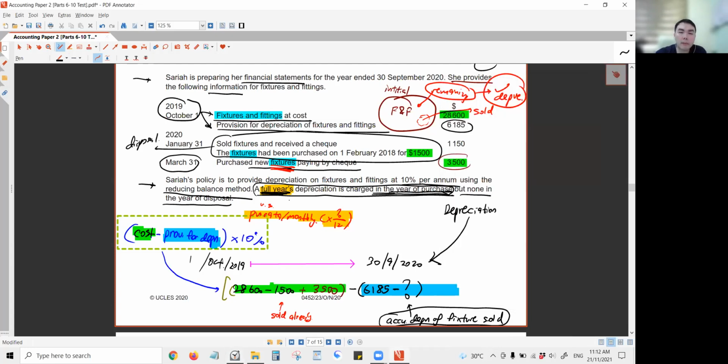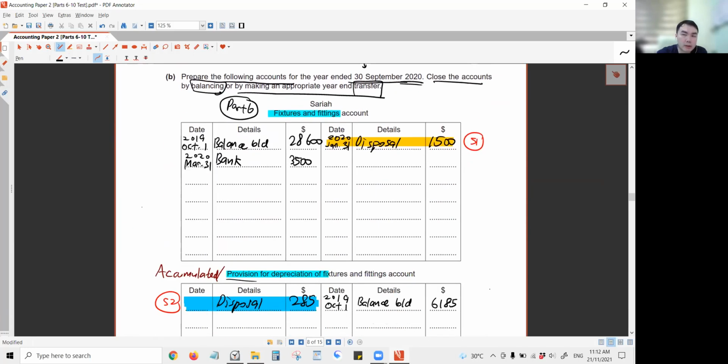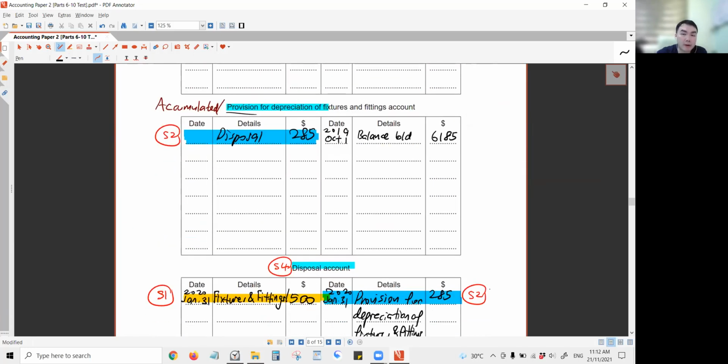So I show you the accumulated depreciation of fixtures sold means for the fixtures that you sold off in the current year, how much depreciation you have accumulated for it. Most of you have answered correctly. It is the 285.